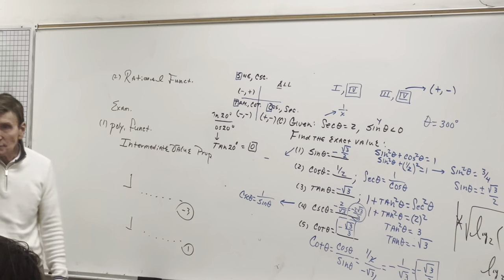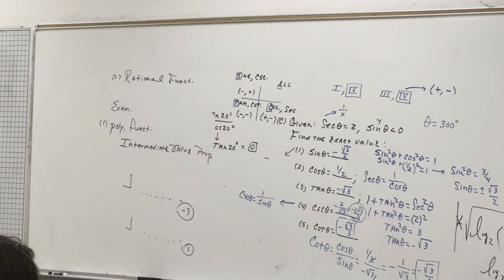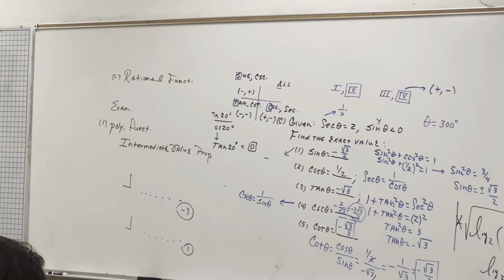A rational function. That's the type where you find the vertical asymptotes, horizontal if there is one, oblique, you find that oblique asymptote, intercepts, behavior. They may cross the horizontal asymptote. I think we had one in class that did cross. So you gotta look at all that.